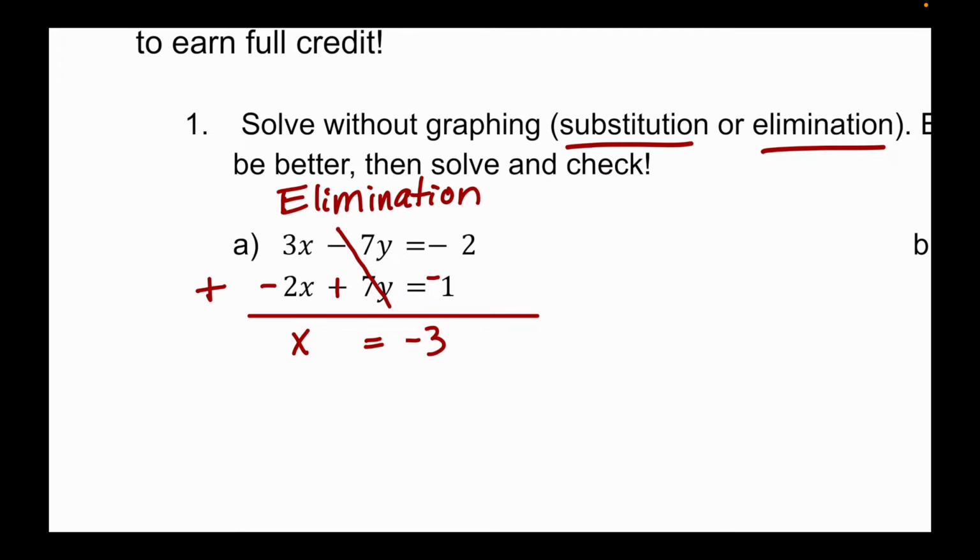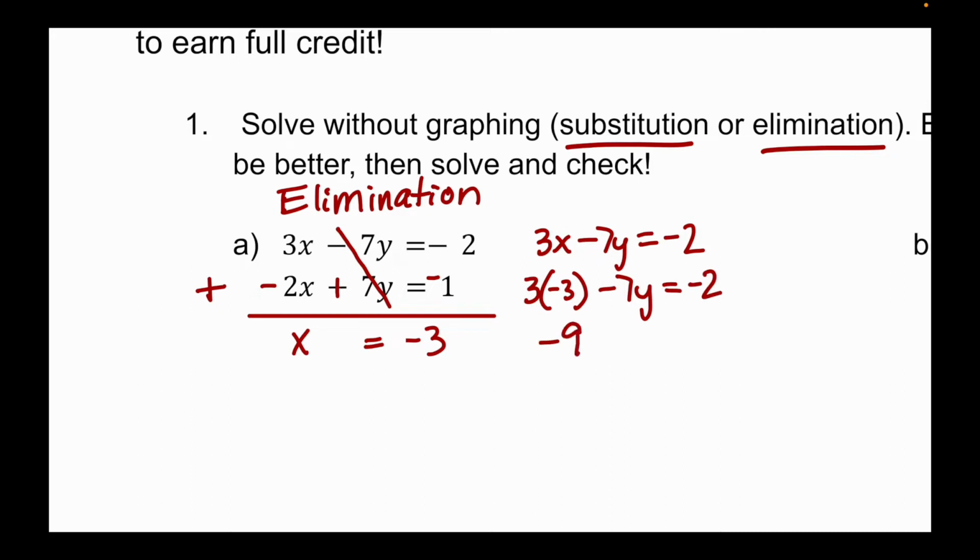I'm going to plug this into one of my equations to start out with. So I'll just use the 3x minus 7y equals -2. And instead of x, we'll plug in the -3. So 3 times -3 minus 7y equals -2.